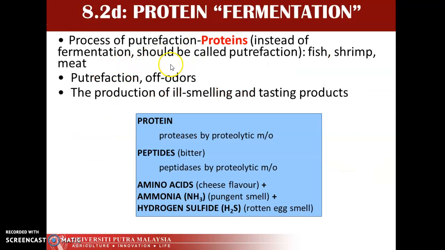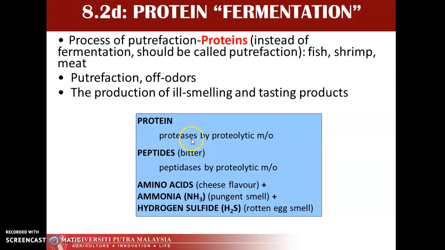Okay, protein fermentation, like I said before, some people consider it as fermentation. Some people don't think it is fermentation because it doesn't involve any sugar. But I will be more comfortable using the word putrefaction because putrefaction is specific for proteins. Usually they will produce off odors because they produce sulfur and so on, which smell very bad, with the production of smelly and bad-tasting products. Okay.